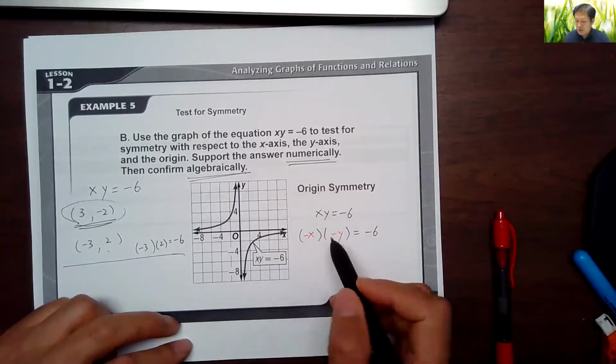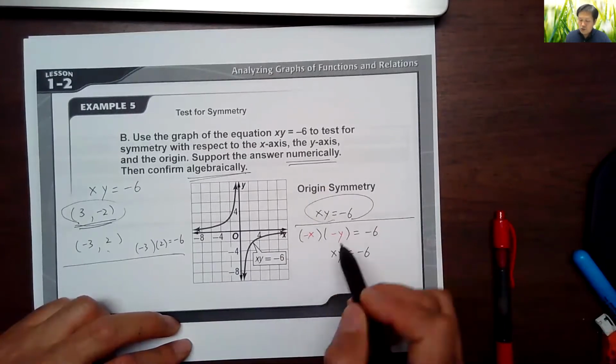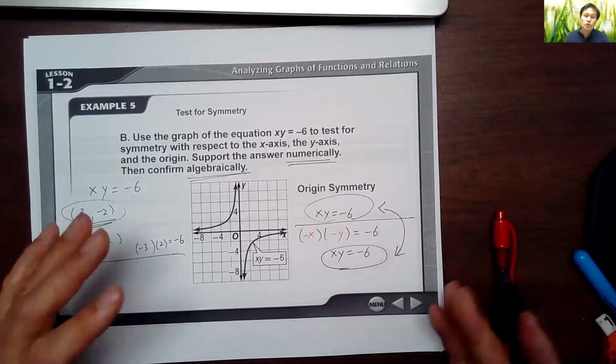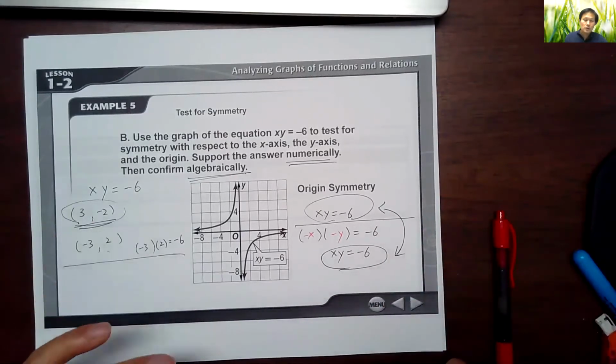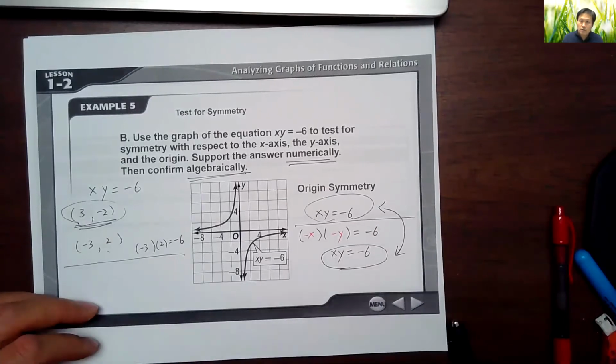As you can tell, minus times minus disappears, and xy = -6. So the original equation after I substitute is exactly the same. That's how you show algebraically this function is symmetric over the origin.